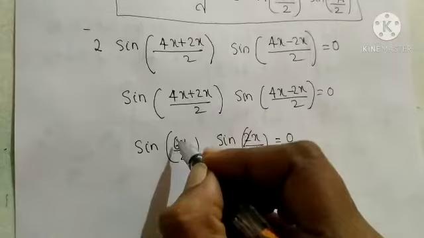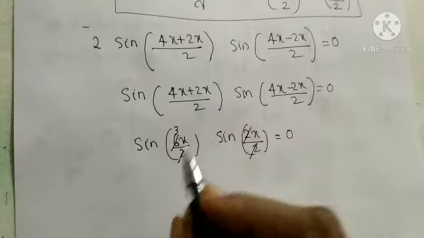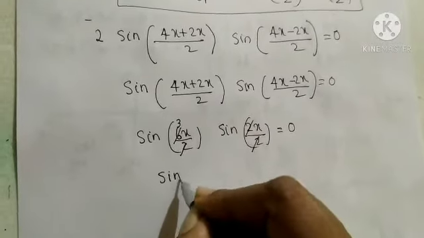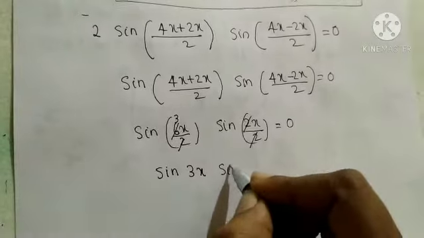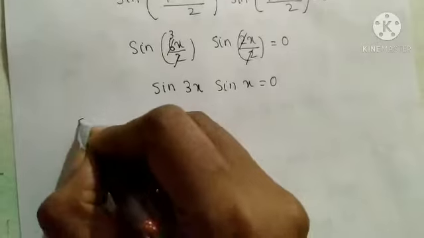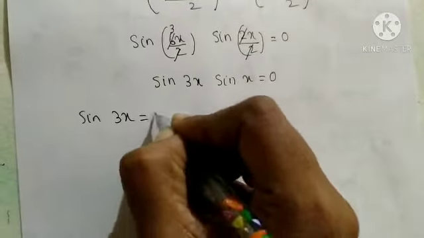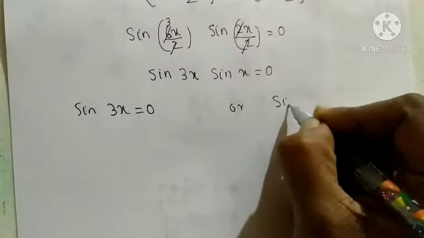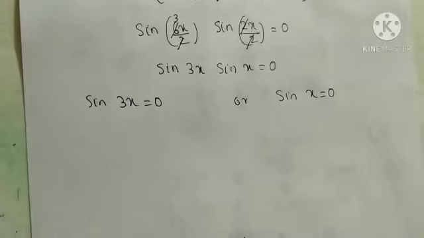Cancelling 6 and 2, it will become 3x here. So here we get sin 3x into sin x equal to 0. So either sin 3x equal to 0 or sin x equal to 0.